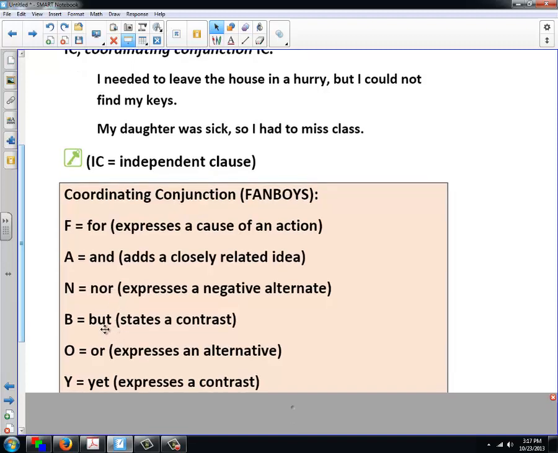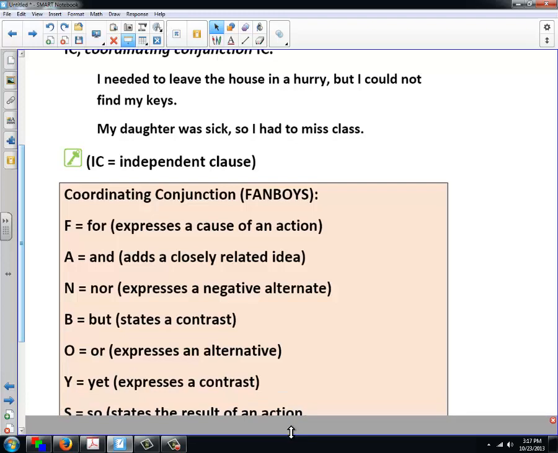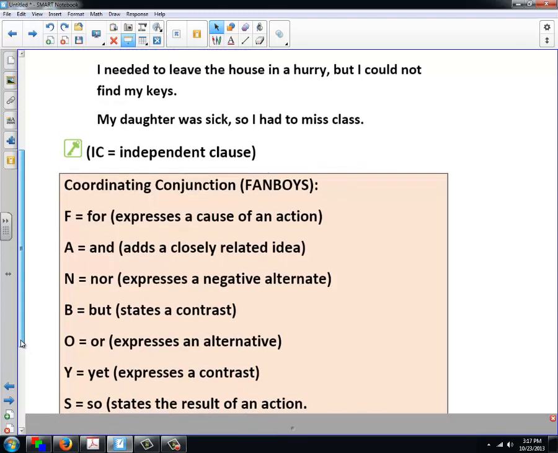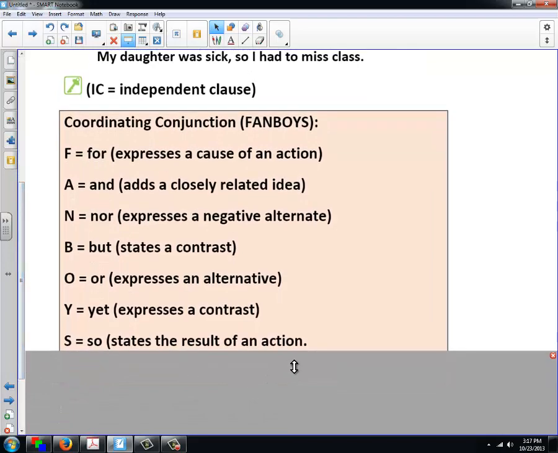B is for "but," of course, that states the contrast. O is for "or," again to express an alternative but not necessarily a negative one. Y is for "yet," which expresses again a contrast. And "so" will state the result of the action.